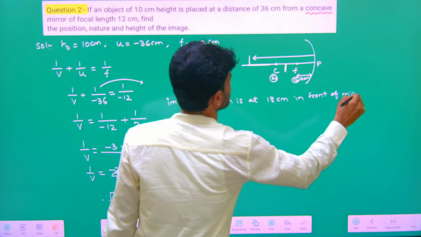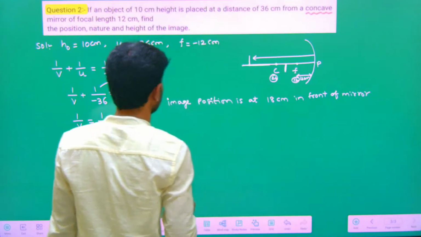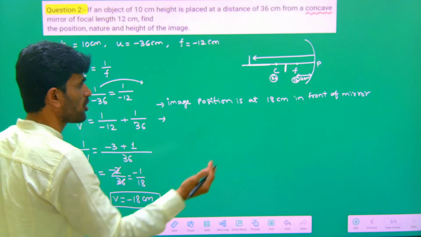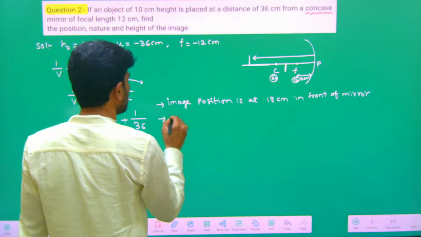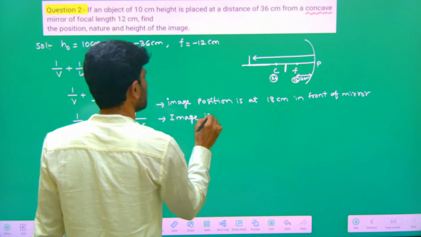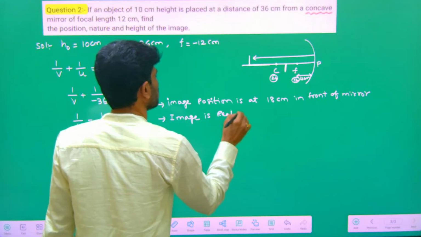We can write like this. Second point, we have to decide the nature of the image. Because it is in front of the mirror and negative, the image is real and inverted.